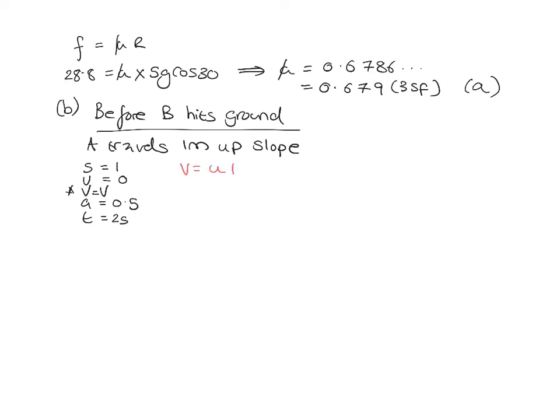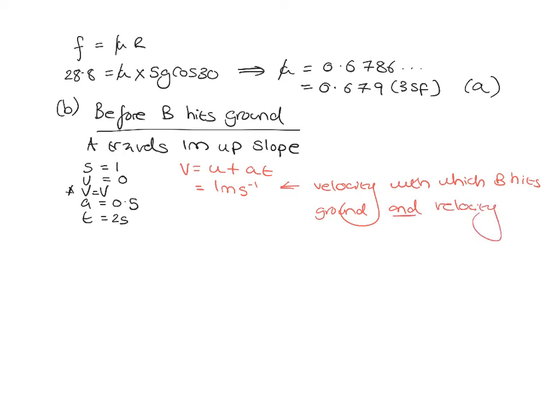We're going to use V equals U plus AT because it's nice and simple to use, so V equals 1 metre per second. So that is the velocity with which B hits the ground, which is the same as the velocity of A at this moment.